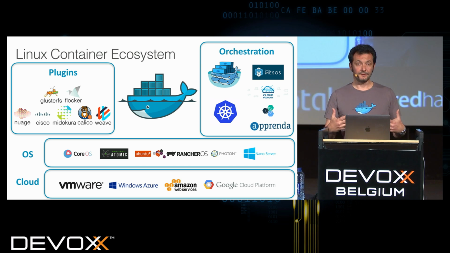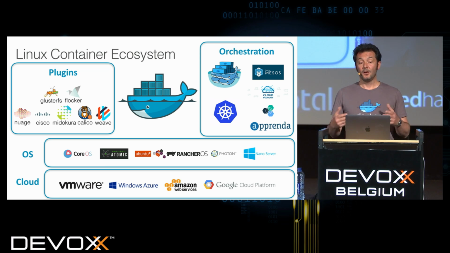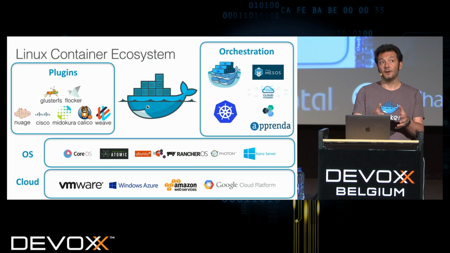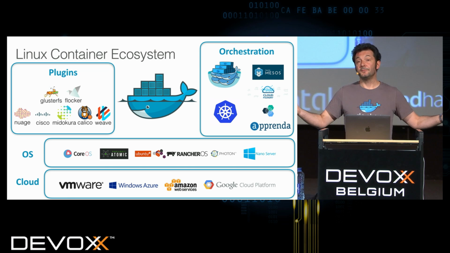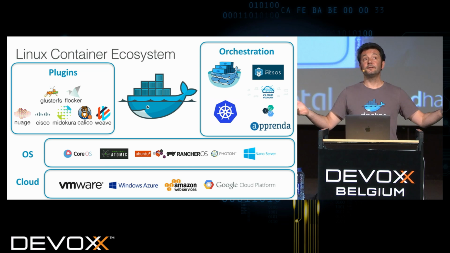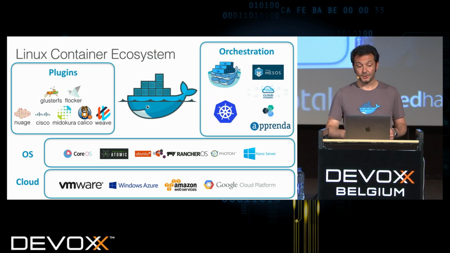And what happened since Docker was introduced 3 years ago was a dramatic transformation of the operating system. Basically, the operating system shrunk to become just a kernel with a Docker engine. And then everything that your app needs, all the dependencies, get put into what is called a container image.